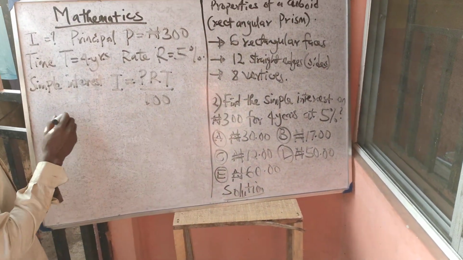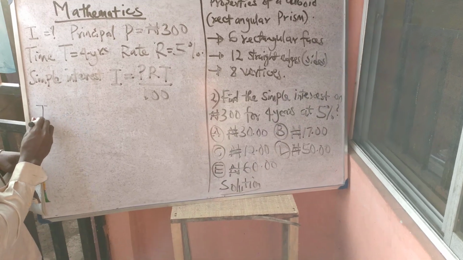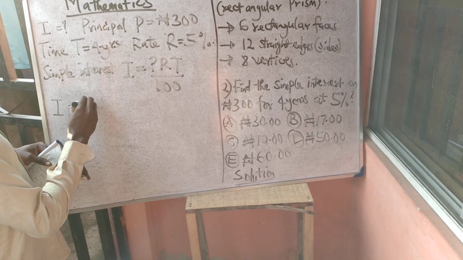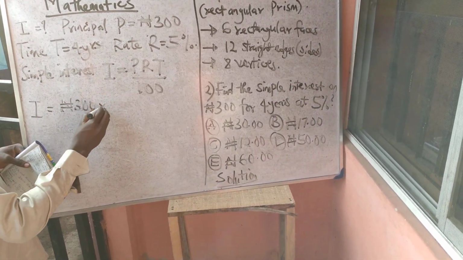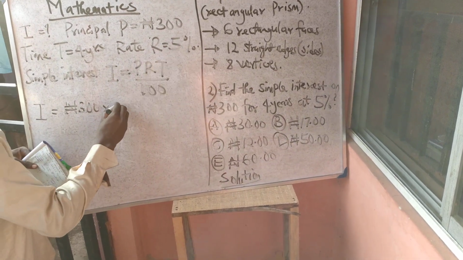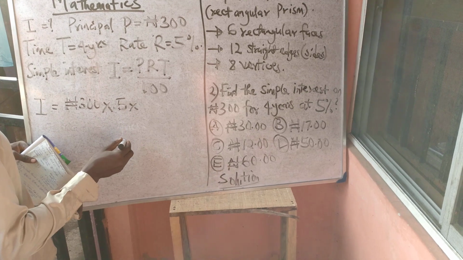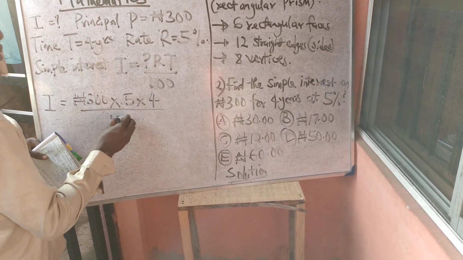So I will be equal to the principal, 300 naira, times the rate, 5%, times the time, 4 years, divided by 100.